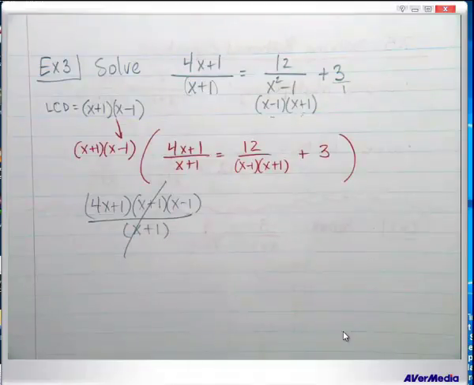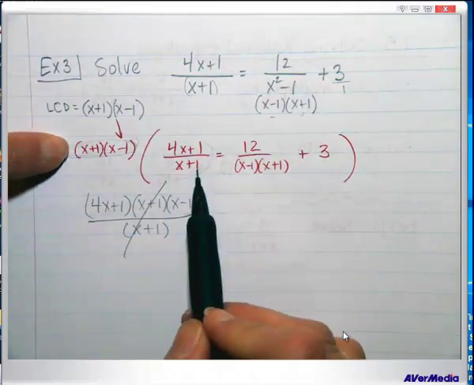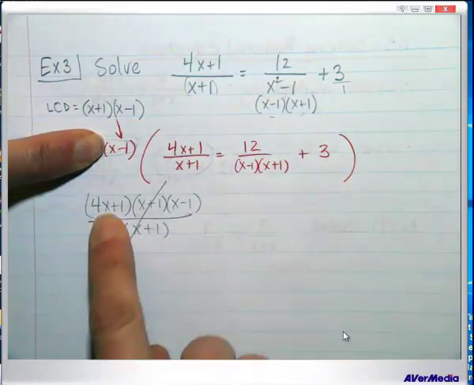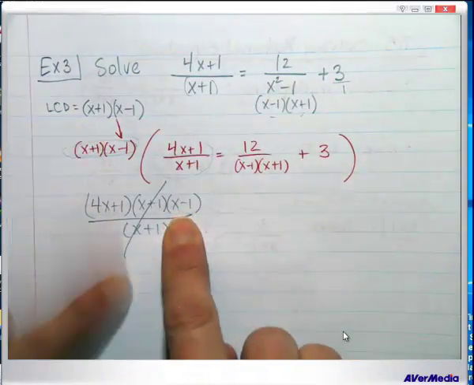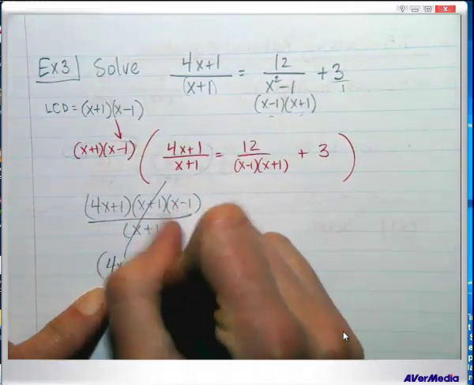I'm writing out all my work because I'm the teacher. If you can do this quicker, noticing that this LCD and this term have the x plus 1 in common, it's going to cancel out anyway, then you can just jump to 4x plus 1 times x minus 1, because that's what we're going to end up with here.